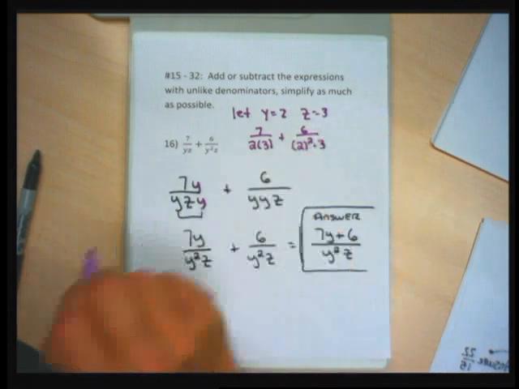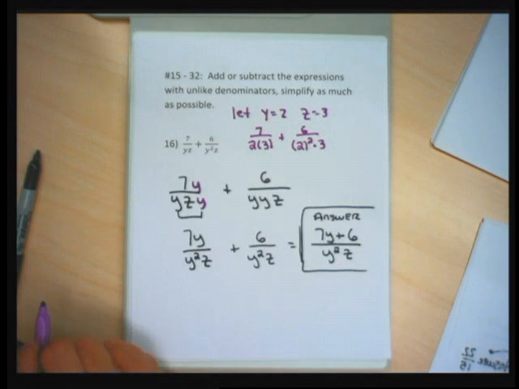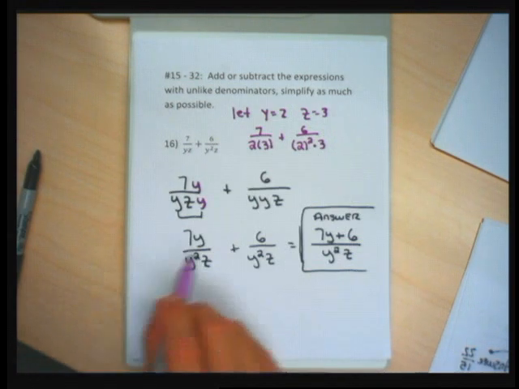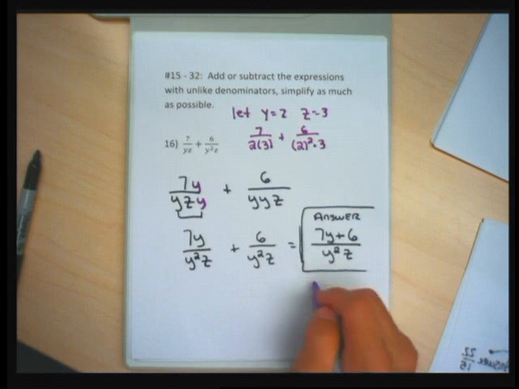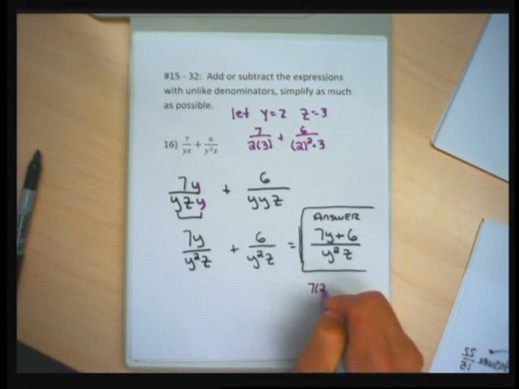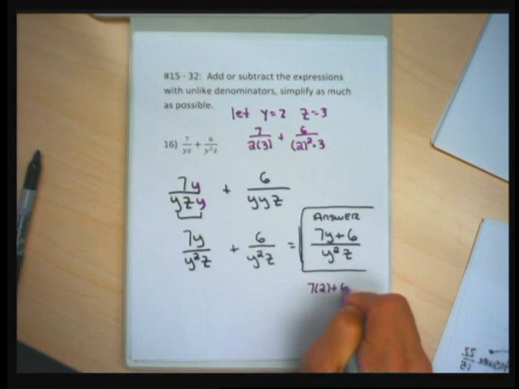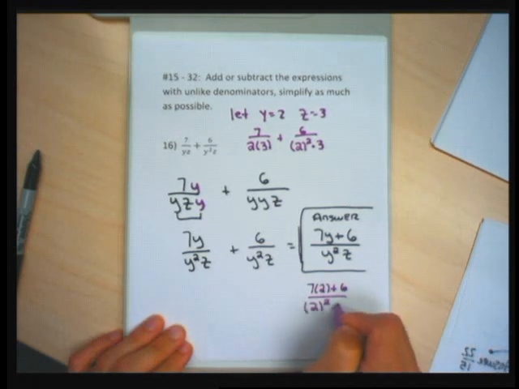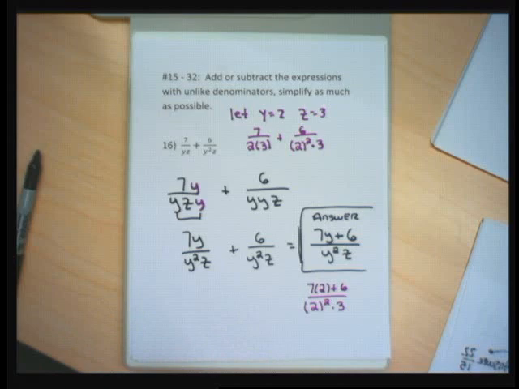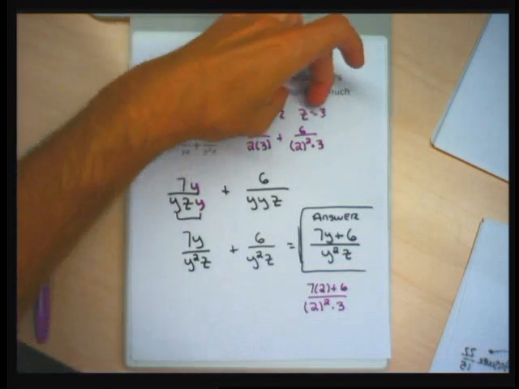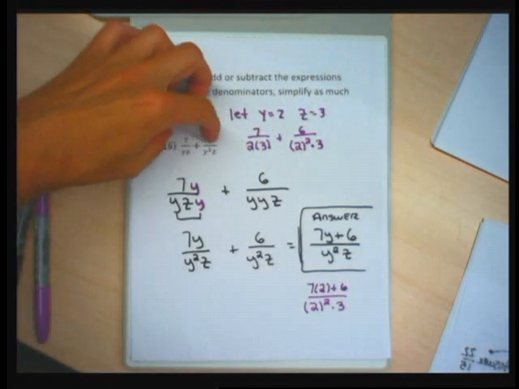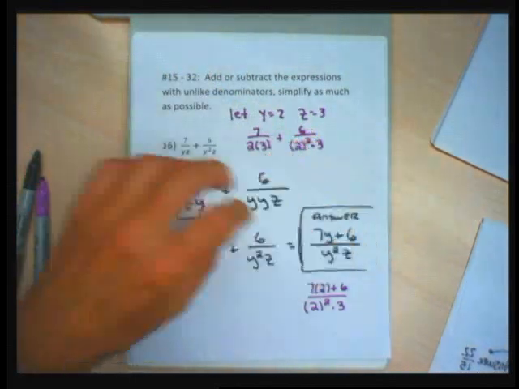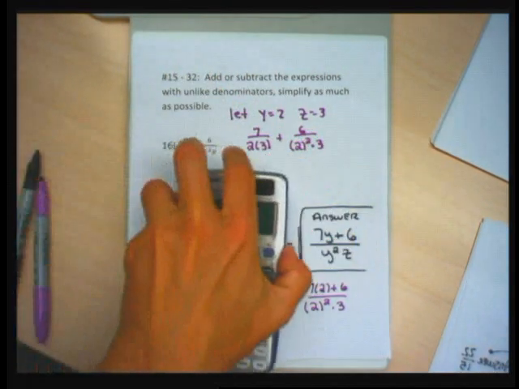I'm going to put that times sign in. And then I'll do the same for my answer. In my answer, I'm going to plug in 2 for y, and I'll go 7 times 2 plus 6 over 2 squared times 3. If my answer is correct, plugging in 2 for y and 3 for z in the original problem and in my answer should give me the same numbers.